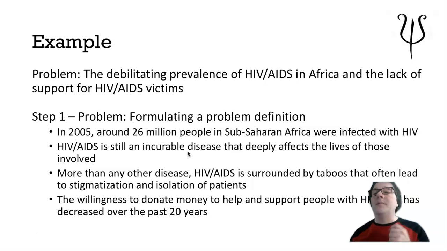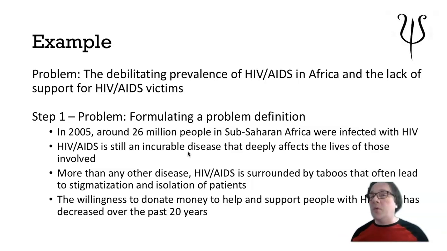but we really need to go in there and formulate a problem definition. So what do we mean by debilitating prevalence? What is the actual prevalence? How does this compare with other parts of the world? What are some of the issues that we might want to examine as to what's causing this type of high prevalence rate?